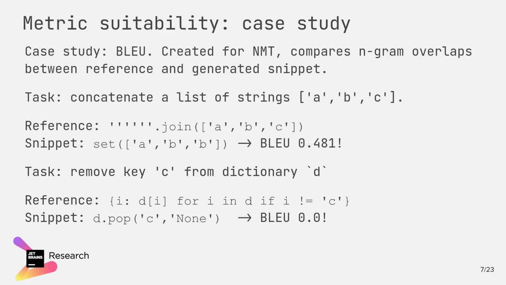So let us consider an example from a real dataset and real models. We have a code generation task, which is to concatenate a list of strings. We have a reference, which is perfectly working, and we have a code snippet that has been generated by a model. The code snippet, as you can see, is complete nonsense.